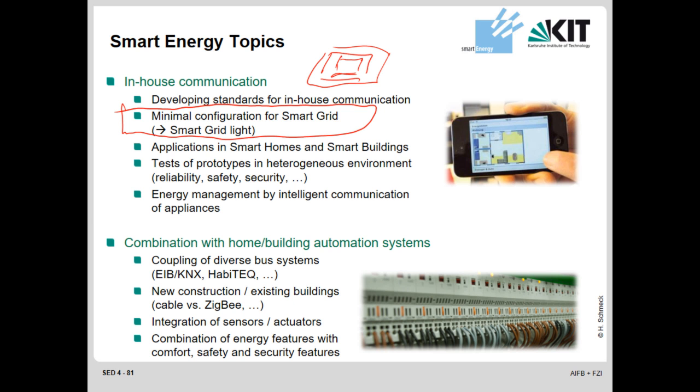One way of doing that is to use smart plugs, because then even non-intelligent devices can be used in an intelligent way. This is important for the change management from the old systems to the new systems. We will not build everything anew, but we have to transform the existing systems in a reliable way. And then what we also do is that we test prototypes in different scenarios.